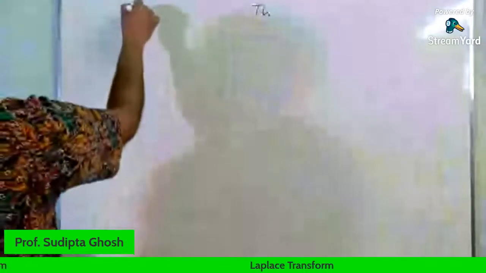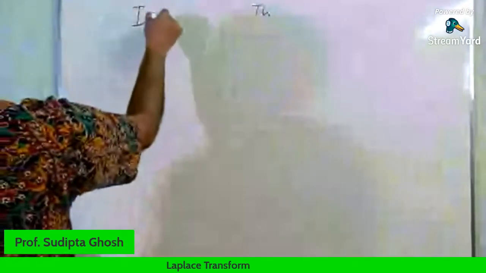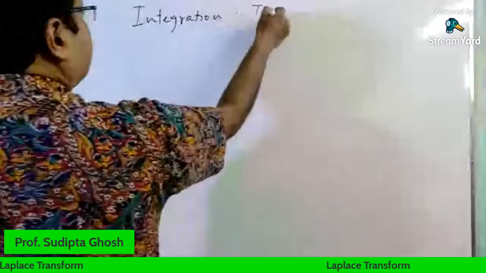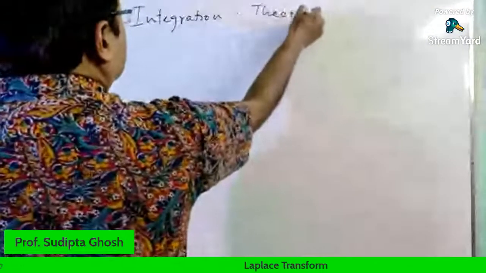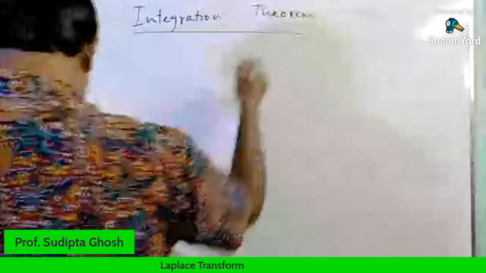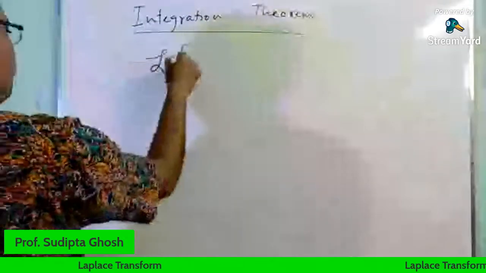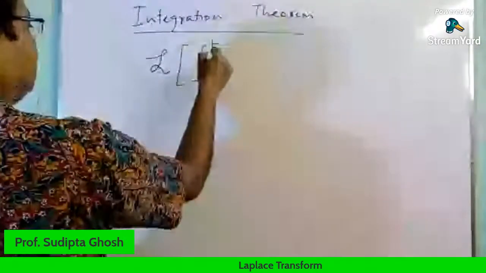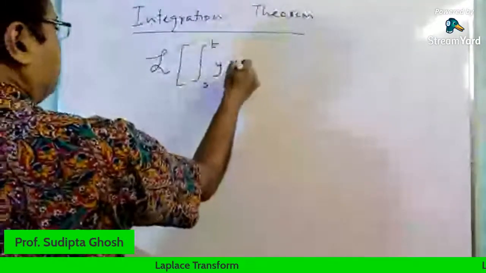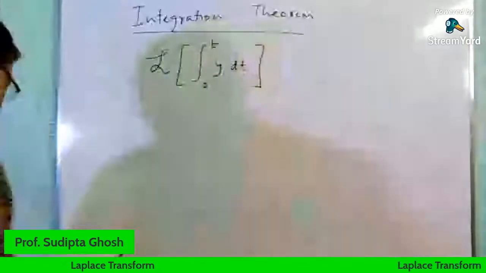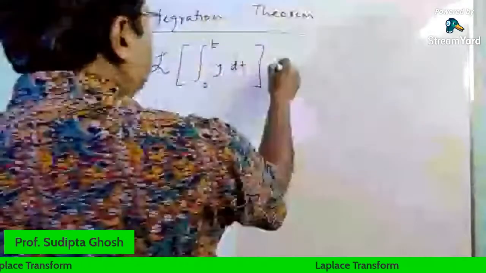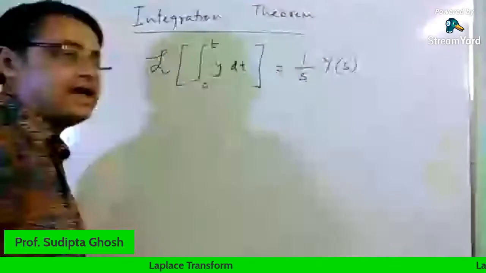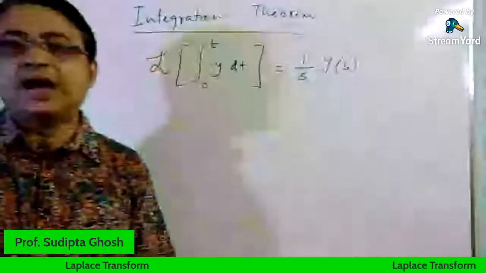Now the integration theorem: the Laplace transform of the integral from 0 to t of y dt gives us the value of 1 by s times capital Y(s).